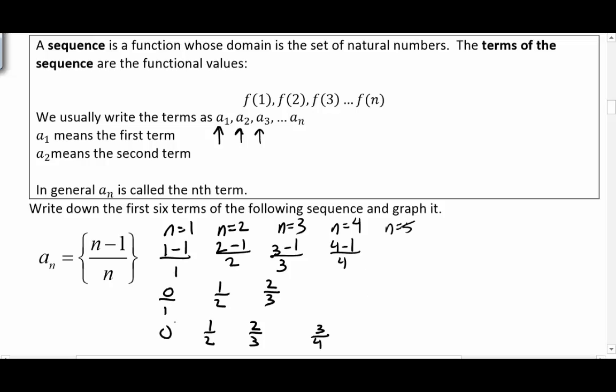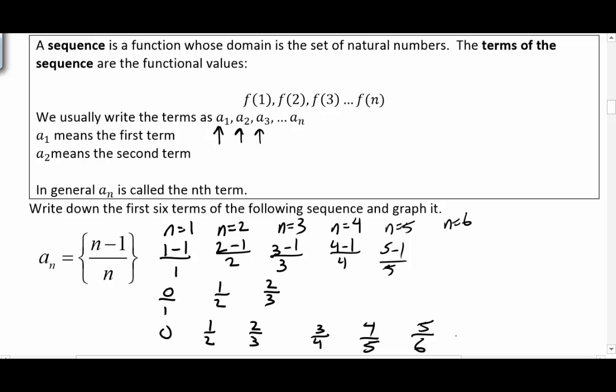Now at this point, do you notice what's going on here? The numerator seems it's going up by 1, and the denominator also seems it's going up by 1. So this would be, let's see, 5 minus 1 over 5, so 4/5. And then for our sixth one, that would be 5/6. Okay, so this particular sequence is 0, 1/2, 2/3, 3/4, 4/5, and 5/6.